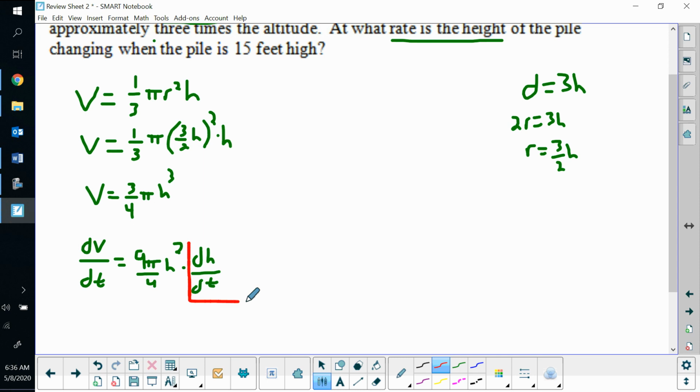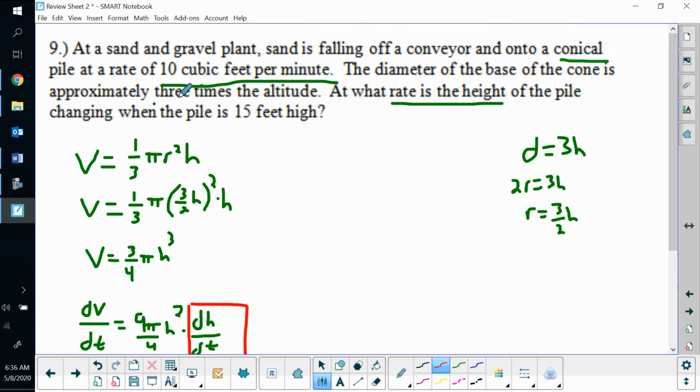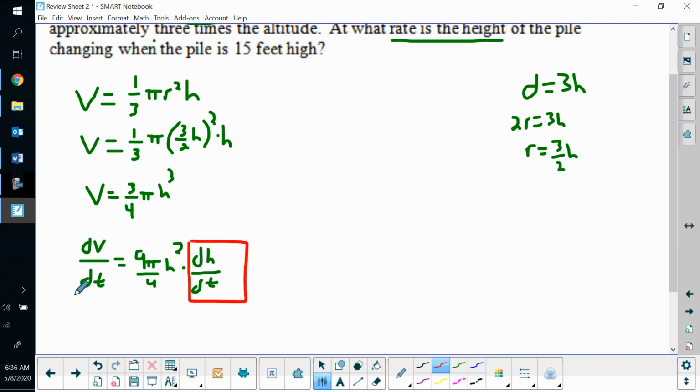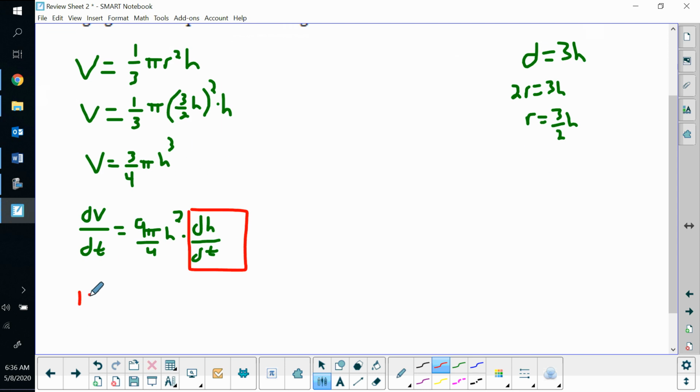So that's dh dt. So we should be able to sub in for everything else. dV over dt was 10 cubic feet per minute. And the sand was falling onto it, so it's increasing. So that'll be a positive 10 in for dV over dt.